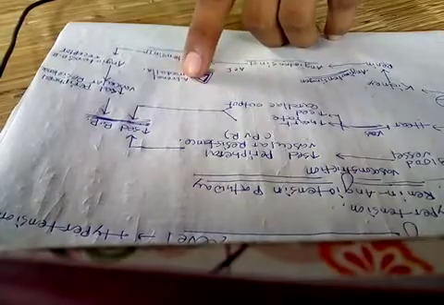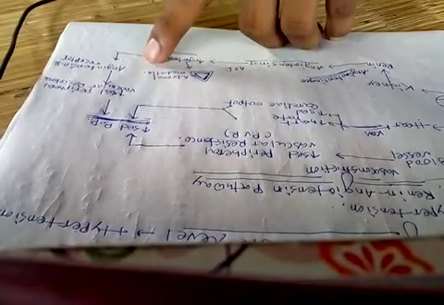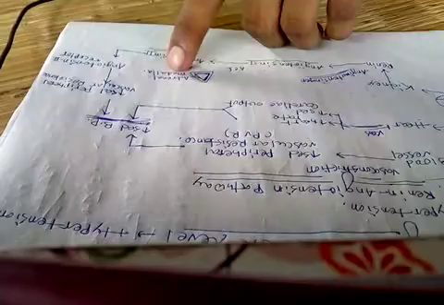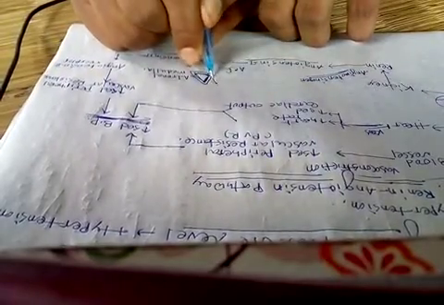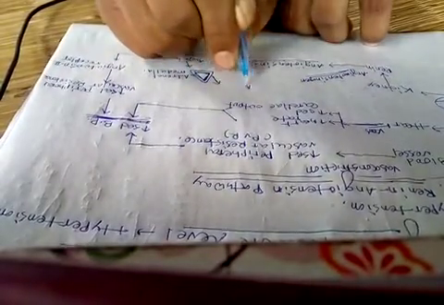The outer layer of the adrenal gland we are calling the adrenal medulla. Okay, so the adrenal medulla is releasing aldosterone.